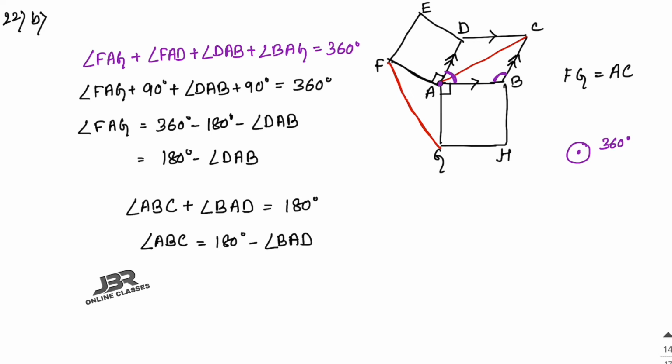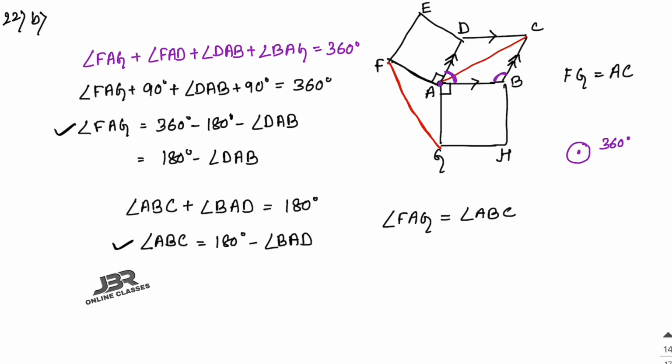Now FAG equals 180 minus DAB, and DAB is the same angle as BAD. So angle ABC equals 180 minus BAD. So you can write angle FAG is equal to angle ABC.